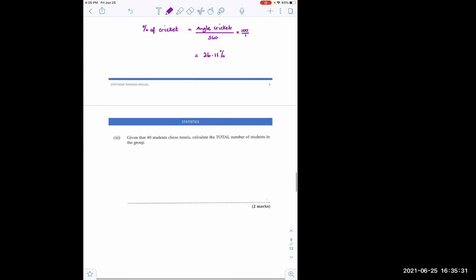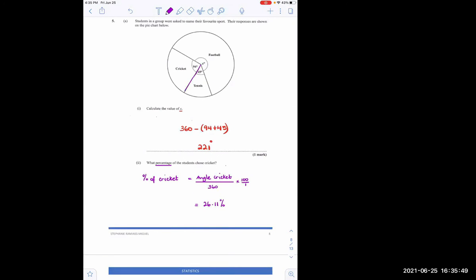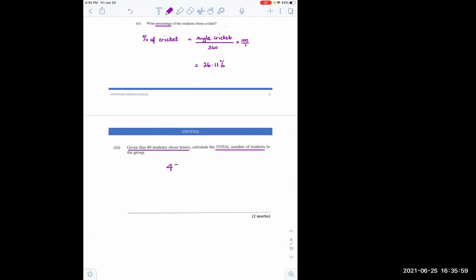Given that 40 students chose tennis, calculate the total number of students in the group. So 40 students chose tennis. The only information we have about tennis is that the sector angle representing tennis is 45 degrees. So that means 45 degrees is equal to 40 students.